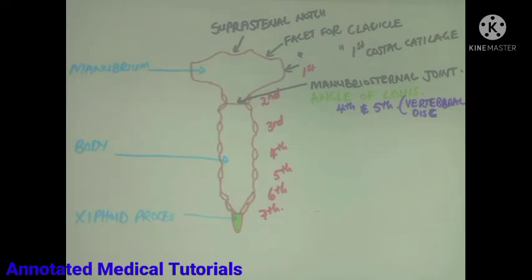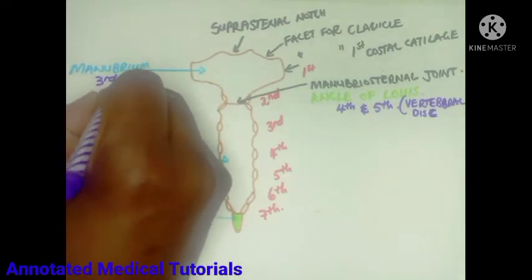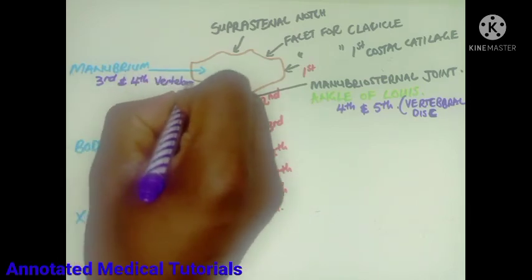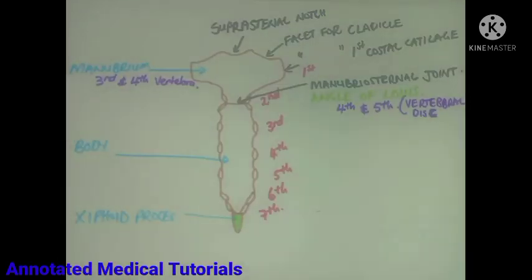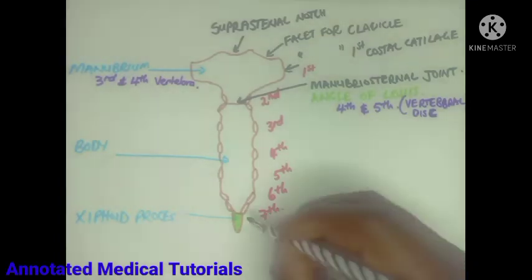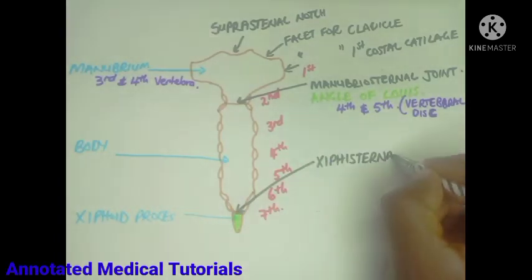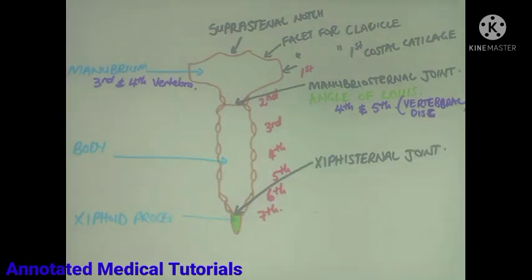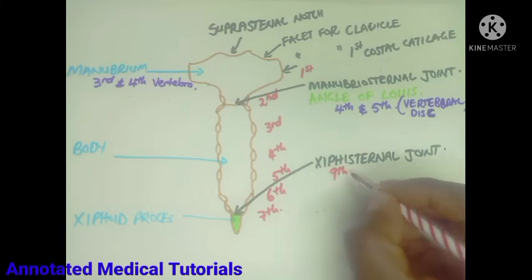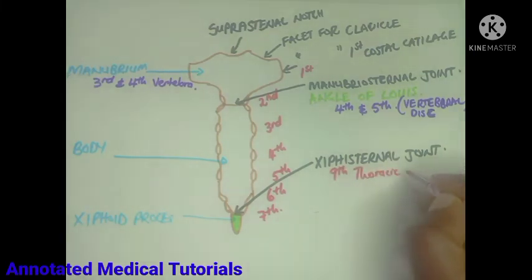On the other hand, the manubrium lies at the level of the third and fourth vertebra. So when the body of the sternum meets the xiphoid process, the joint is called the xiphisternal joint, and this lies opposite the body of the ninth thoracic vertebra posteriorly.